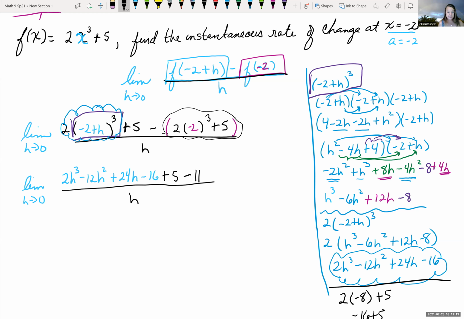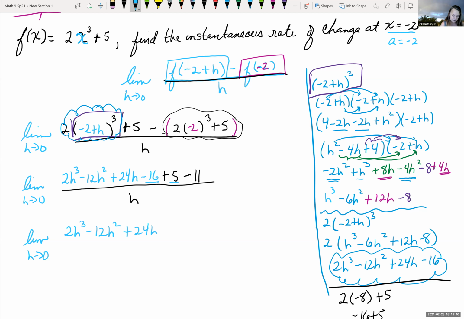So again, we can simplify inside our numerator by combining like terms. Excuse me. So let's do that. We have 2h cubed minus 12h squared plus 24h. So we have negative 16 plus 5.